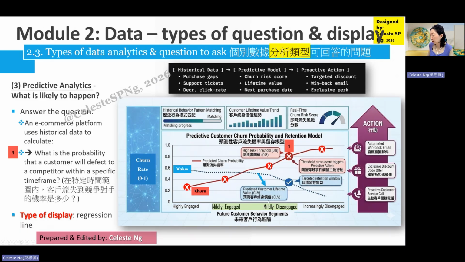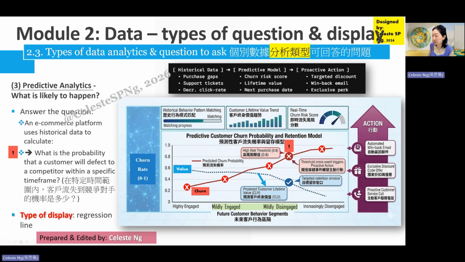Value we can predict, but how long we don't know. We don't care, as I said earlier. What is the probability that a customer will defect to a competitor within a specific time frame? We don't care. But what we care about is the value during its lifetime with us.